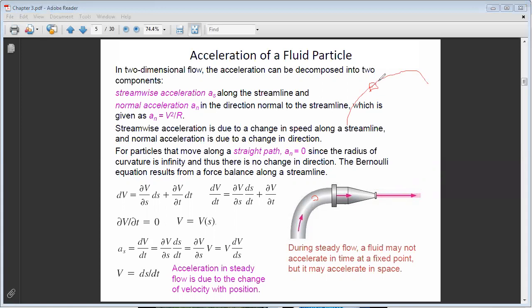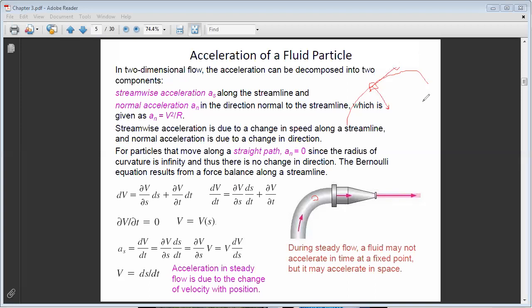I can write it along ut, which is the tangent direction, and along un, which is normal to the path. So in case I want to apply Newton's law, I will divide my directions into tangential and normal.